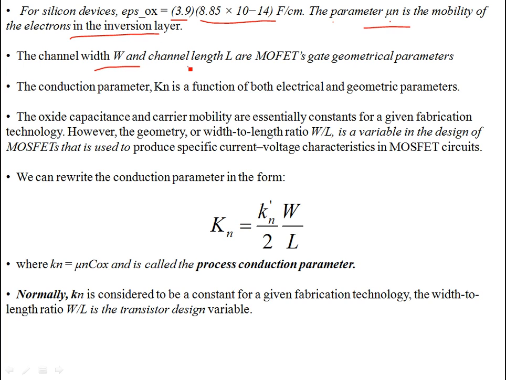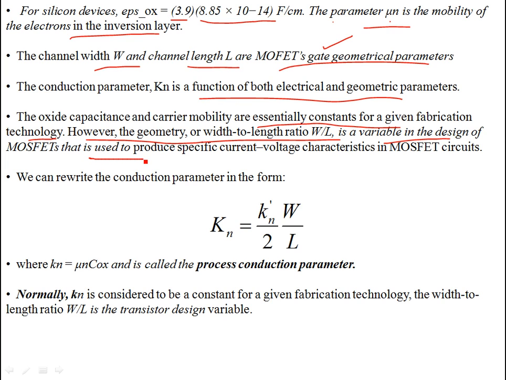The channel width and length are the MOSFET's gate geometrical parameters. The conduction parameter Kn is a function of both electrical and geometrical parameters. The oxide capacitance and the carrier mobility are essentially constant for a given fabrication technology. However, the geometry, or the width to length ratio, is a variable in the design of the MOSFET and is used to produce specific current voltage characteristics.